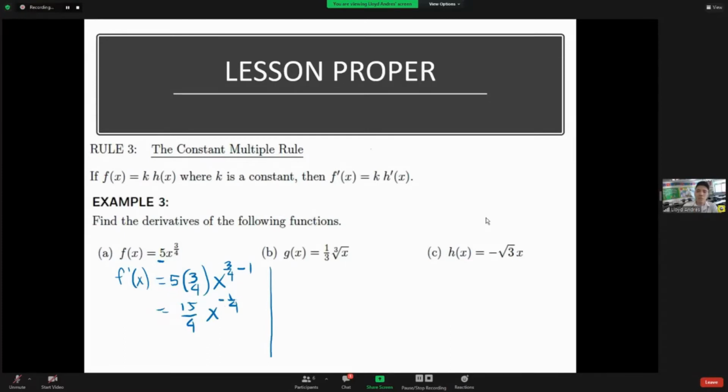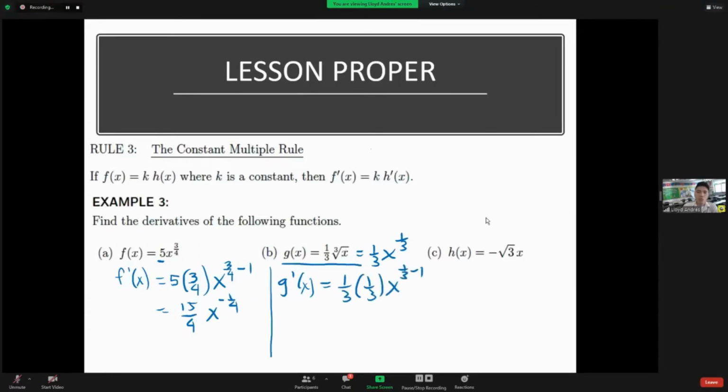Next, given tag g of x. G of x is equivalent to 1/3 cube root of x, and we are asked to solve for the derivative of g of x. To solve for the derivative of g of x, since naka-radical na siya, atua sa na siyang himuog exponential. That's 1/3. So kung exponential na siya, gamitan na nato constant multiple rule. Na amantay 1/3, i-multiply nato sa yang exponent, tapos katong exponent niya nga 1/3, minus na nato og 1.